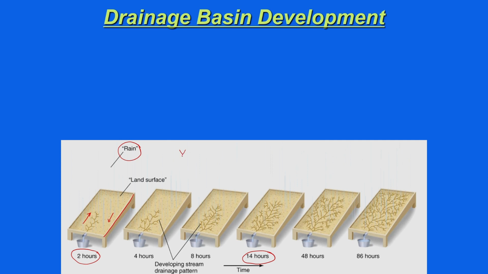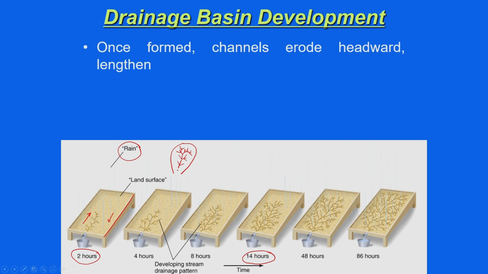Small streams will start connecting, and it keeps on extending further up and then develops a basin. Once formed, channels erode headward and lengthen, so the length will keep increasing.